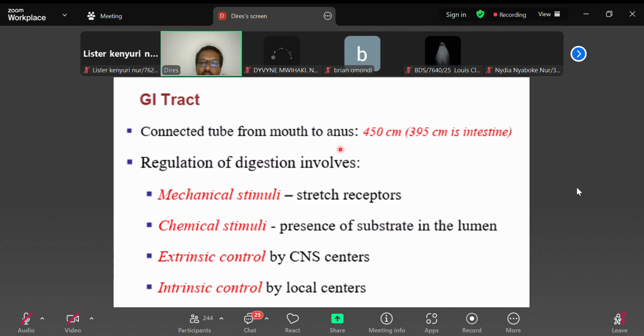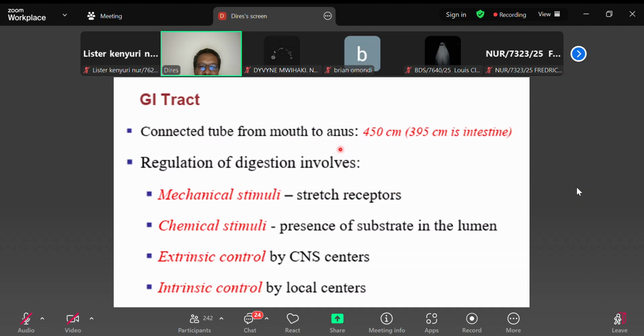In the wall of the stomach, for example, there are receptors called stretch receptors. When the stomach distends, these receptors in the wall of the stomach are activated. They are called mechanoreceptors, which detect the mechanical stimulus, distension. Distension brings contraction.